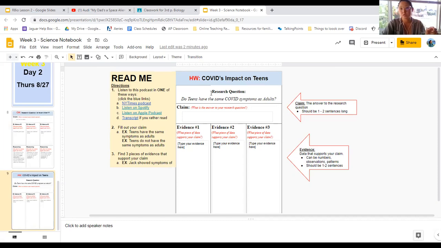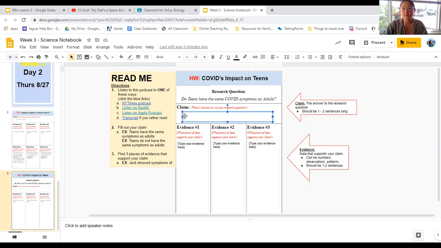The research question that you should keep in mind while you are listening is: do teens have the same COVID symptoms as adults? So it's asking you, if you were to get COVID as a teenager, would you have the same symptoms as your parent would as an adult? Or would you have different symptoms because you are at different ages and your bodies are at different stages, okay?